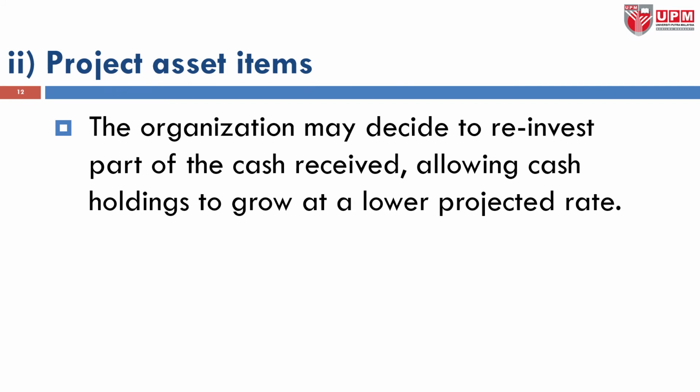The organization may decide to reinvest part of the cash received, allowing cash holdings to grow at a lower projected rate. So you may decide whether you want to put a certain amount of cash into a fixed deposit somewhere else.